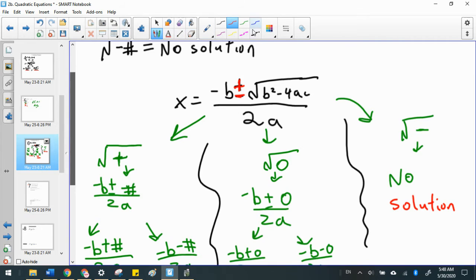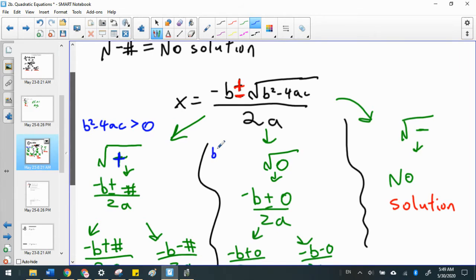And to put it in a more simplified way of representing, so you can try this on your own, if what's inside the radical, which is b squared minus 4ac, is greater than 0, then that value inside the radical ends up being positive. So then you add and subtract and you get two solutions.